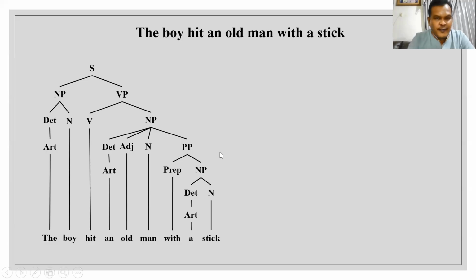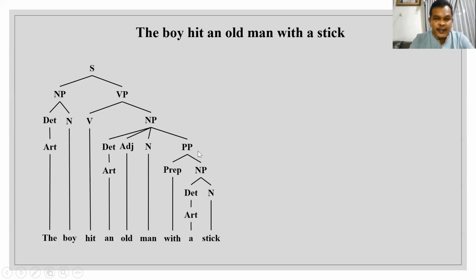You can see that the PP here is not the main constituent of the VP, but it is the direct constituent of the noun phrase.